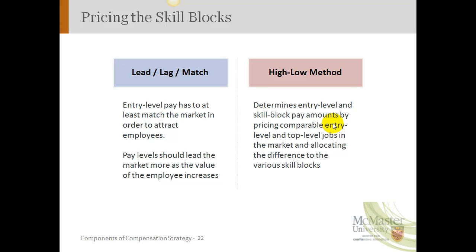Let's say, for example, you're in a company that's using a pay for knowledge or pay for skill system at the operating level. Let's say, for example, at an entry level, somebody might hire in an entry level employee at $40,000.